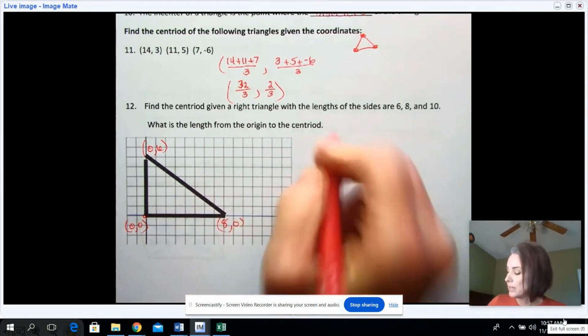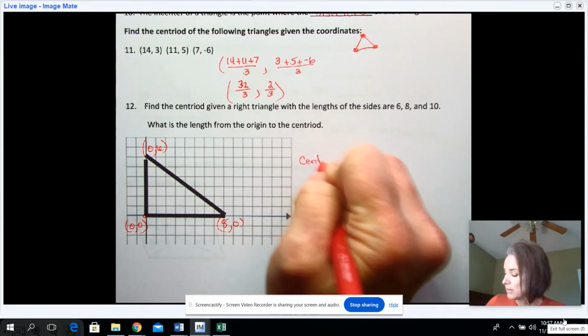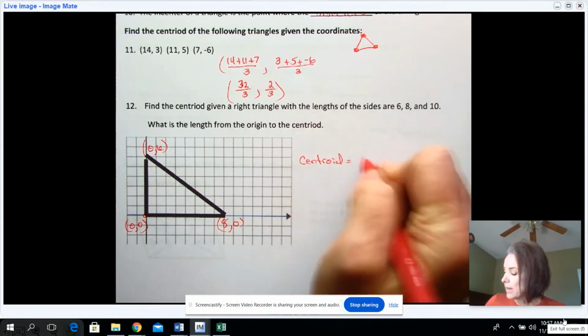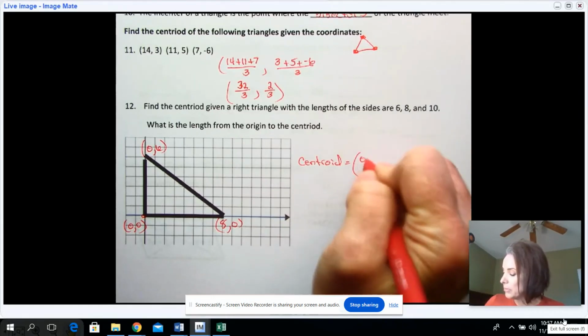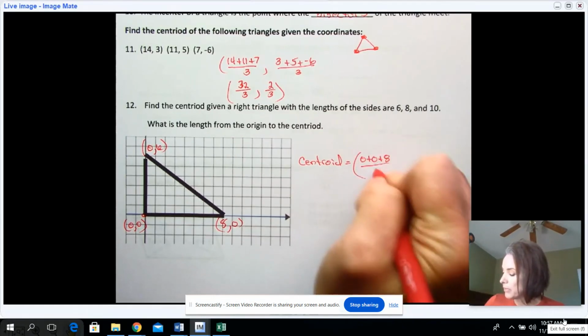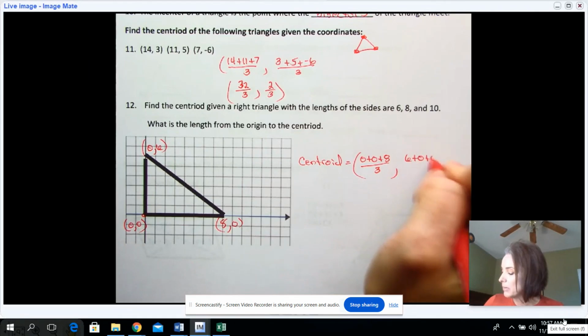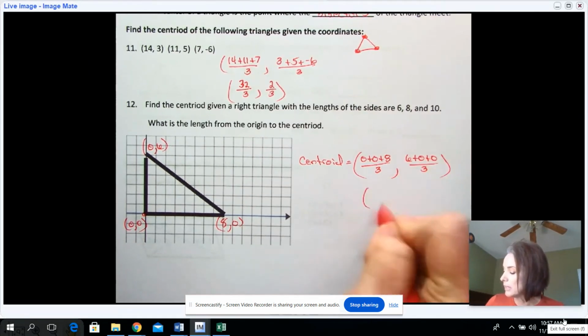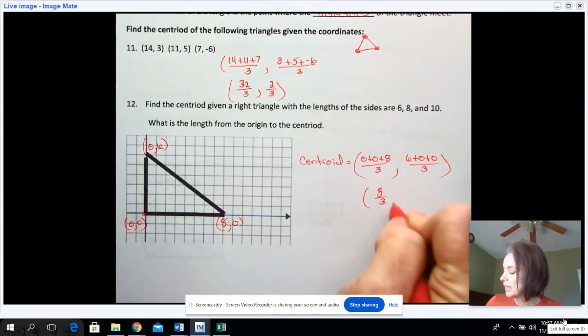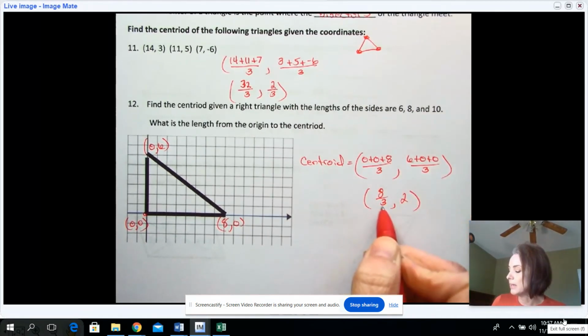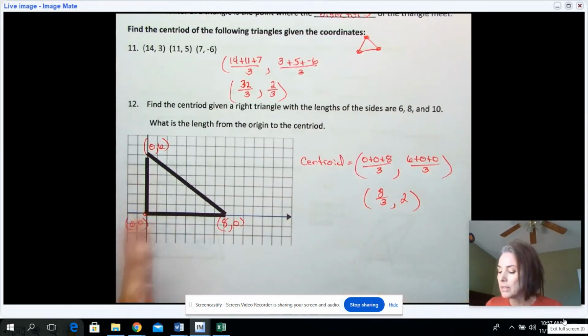So for the centroid, again, you add your x's up, 0 plus 0 plus 8 and divide by 3, and add your y's up, 6 plus 0 plus 0 divided by 3, and here you're going to get 8/3 and 2. If you want to say 2.6 repeating, then you can do that. All right, so there's that.